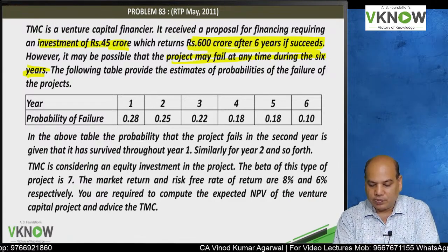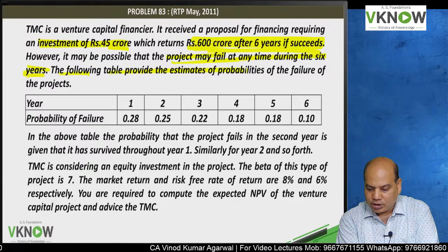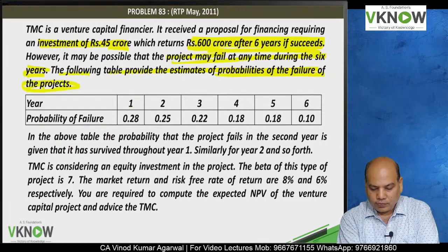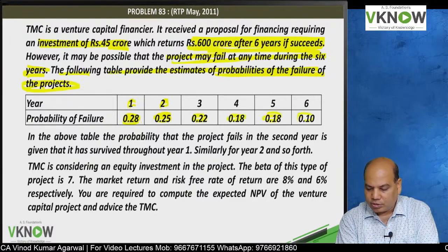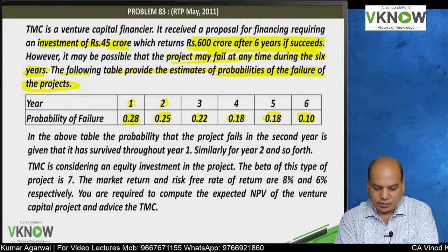The following table provides the estimate of probability of the failure of the project. First year probability is 0.78, second year probability is 0.25 chance that it fails, and same way they have given you probability of failure in the years 1, 2, 3, 4, 5.